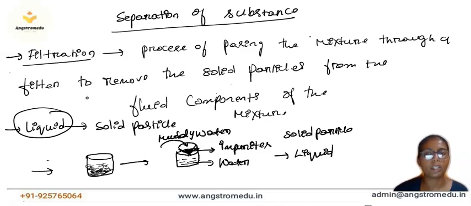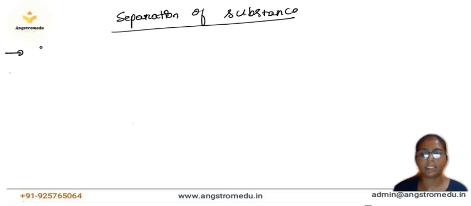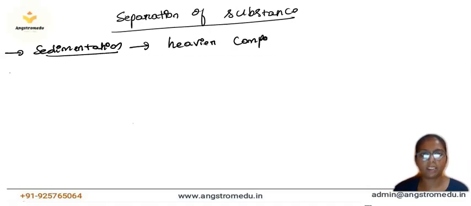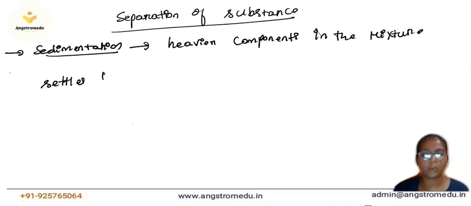So this process is known as the filtration. Next one, that is the sedimentation. So in the sedimentation process, that is when the heavier components in the mixture settle when water is added to it.